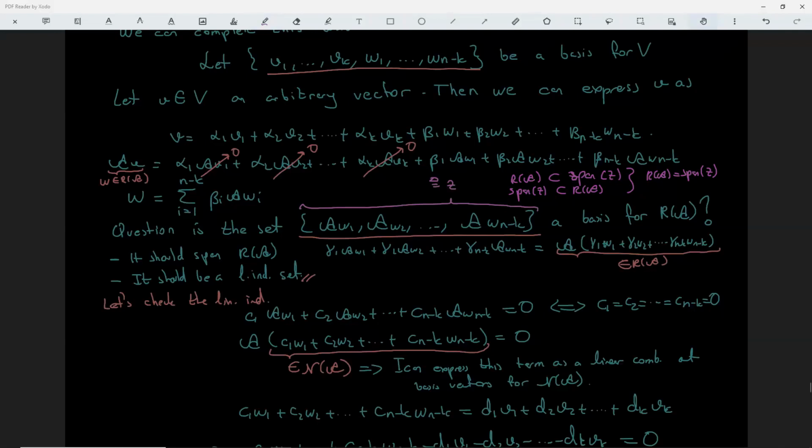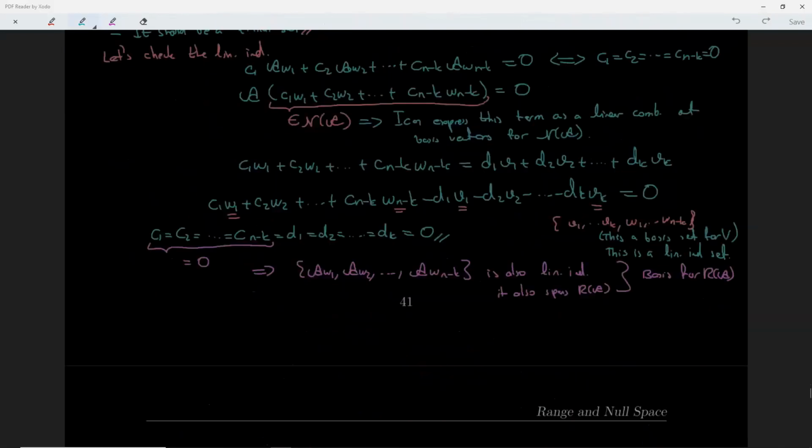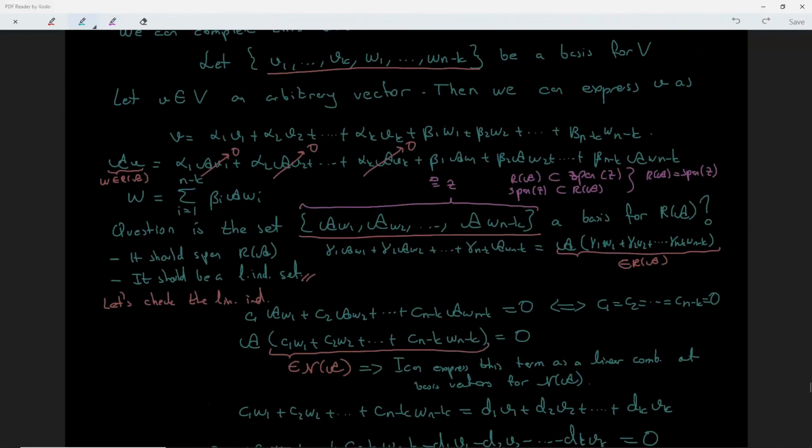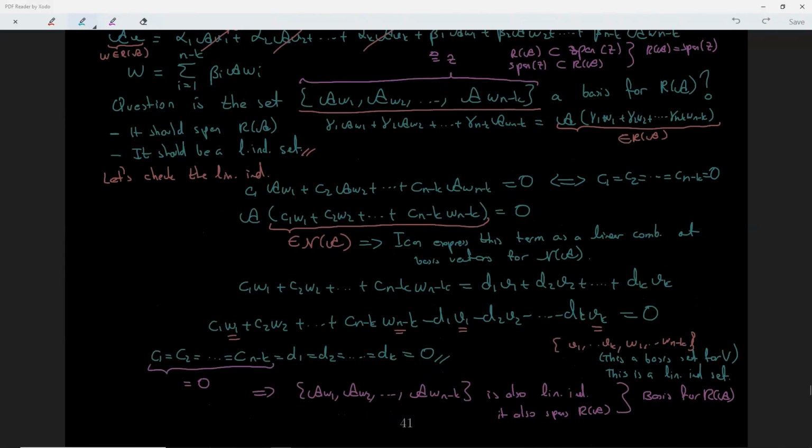Right? And then if we write down the final statement of the theorem, we found this Z set, a basis set for the range space of A.